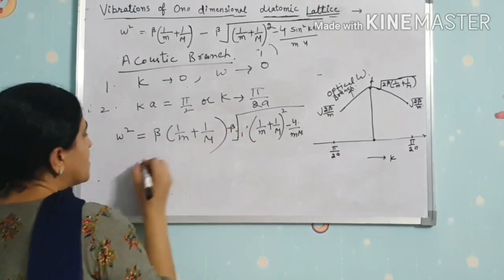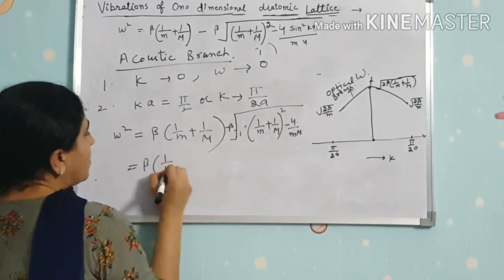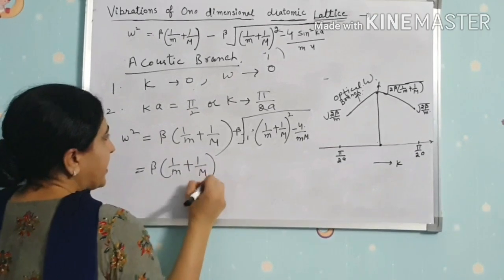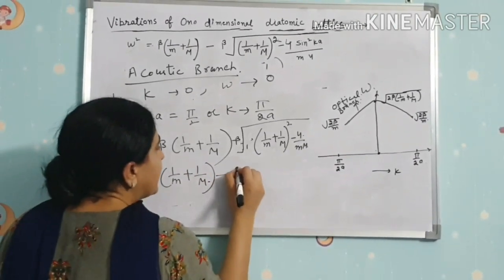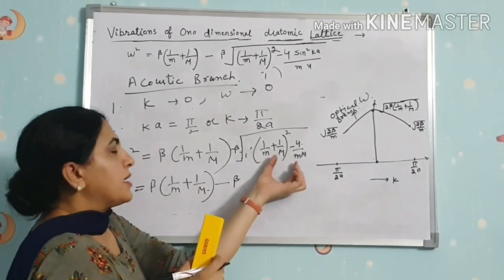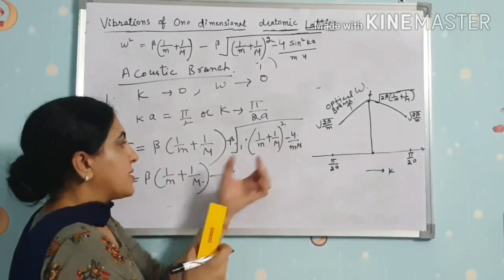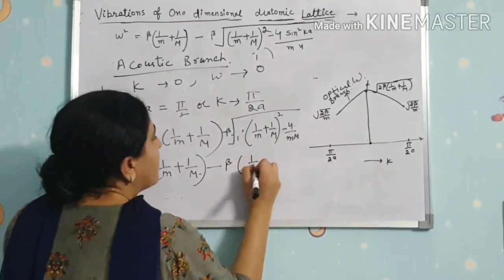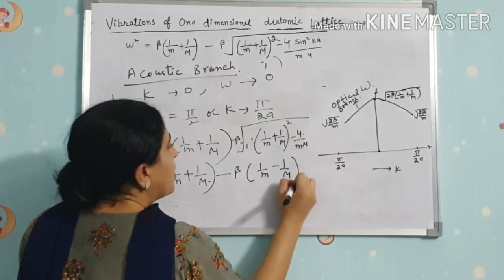So this is equal to beta (1 over m plus 1 over capital M) minus beta under root of (1 over m minus 1 over capital M) whole square.